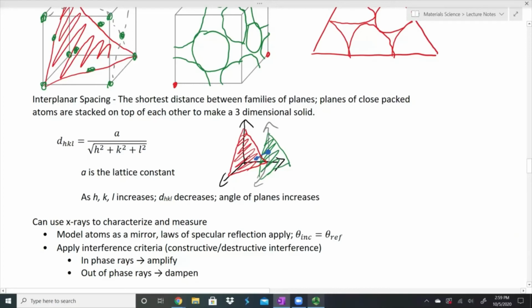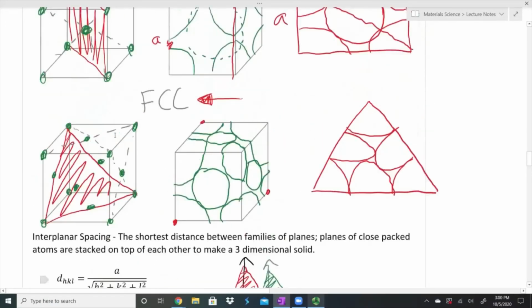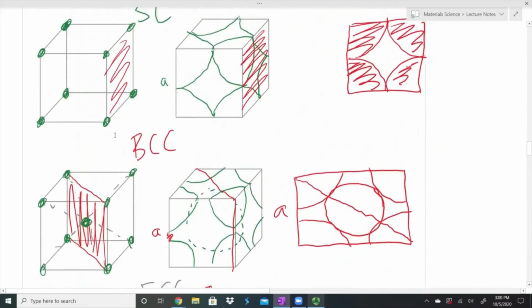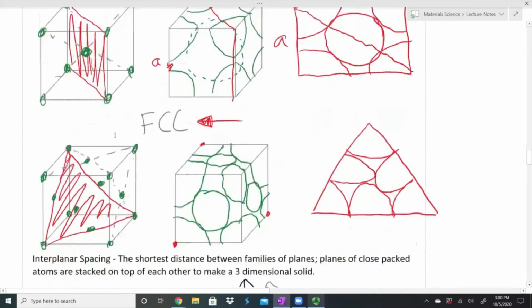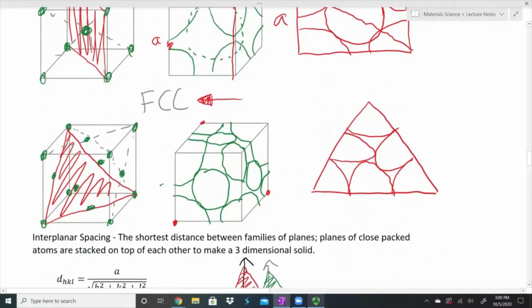Again, these are perpendicular, but it's kind of small. But that's what we're looking at when we say, what's our interplanar spacing? What's the spacing distance between 2 planes? Here's our equation. Remember, a is our lattice constant. That is the length of our unit cell. I forgot to write it on this one. I still have an a here.